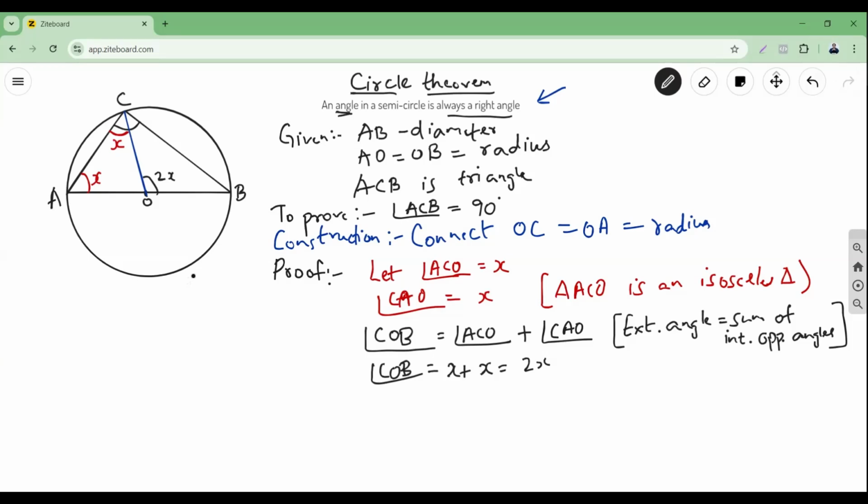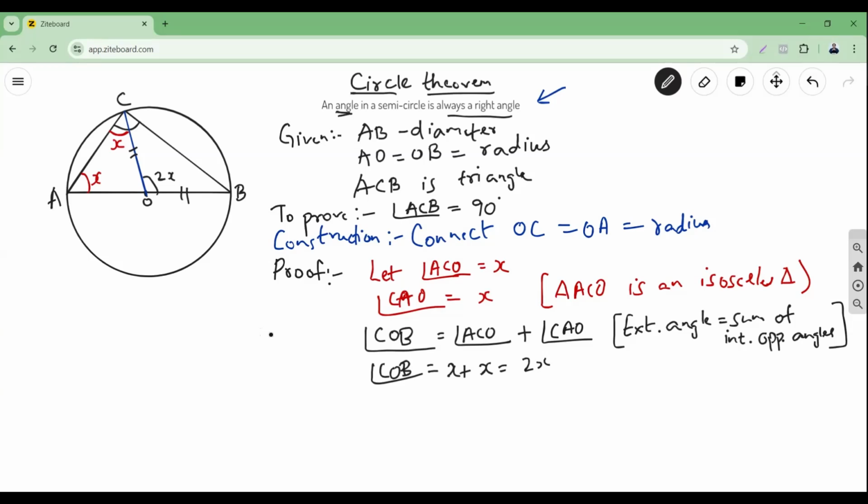Now I have another triangle, which is an isosceles triangle. Which triangle is it? It is this triangle. I'm shading it here. If you see, this is an isosceles triangle again. Which are the equal sides? This is equal to this because these two are radii.